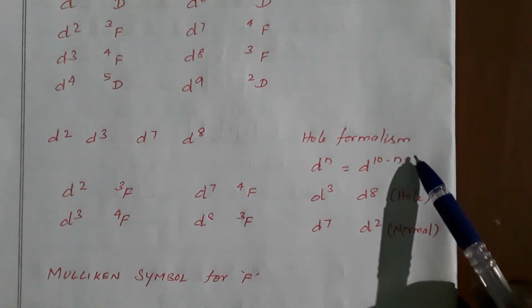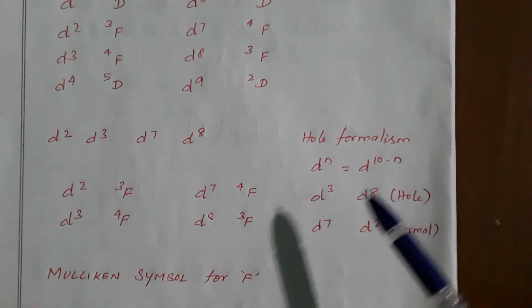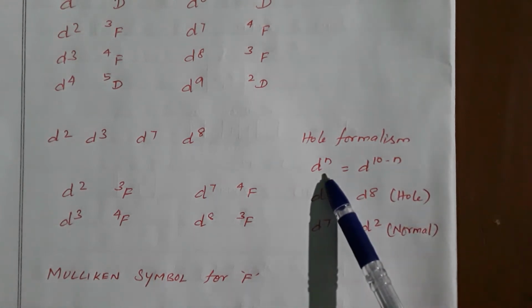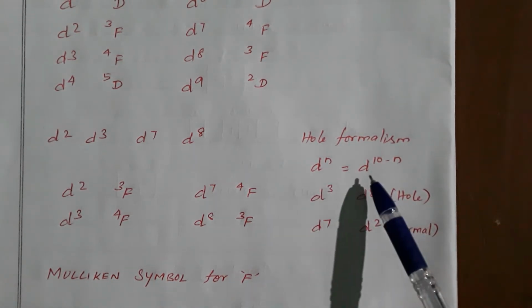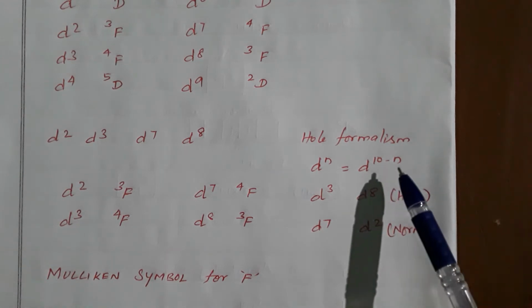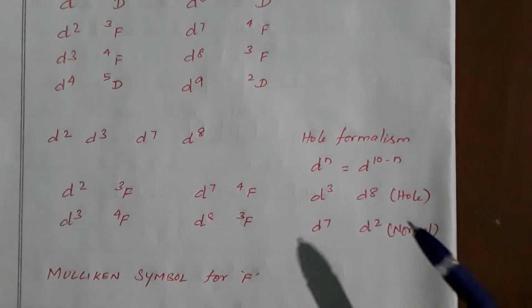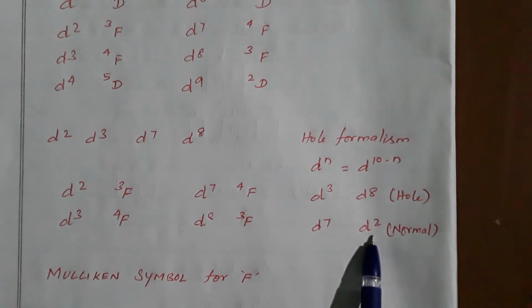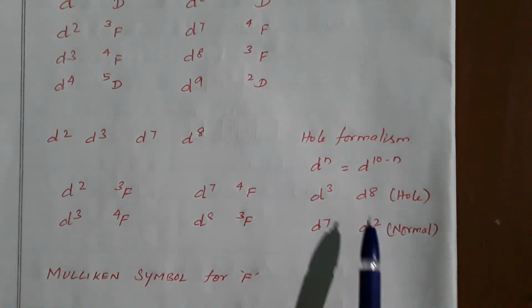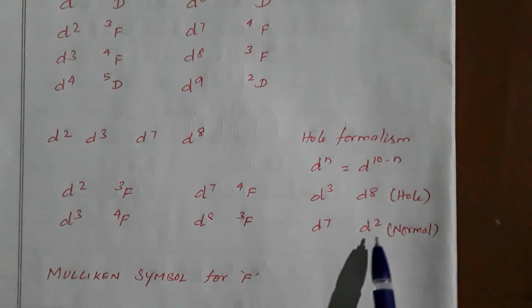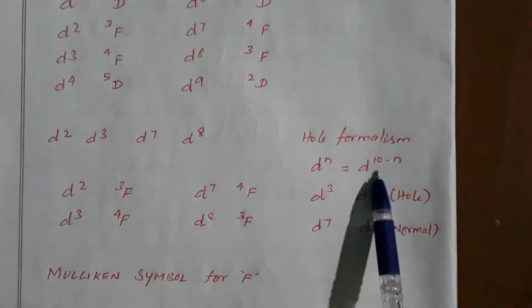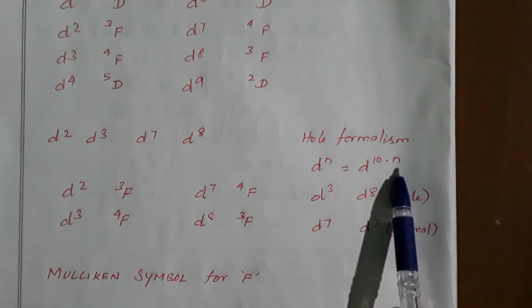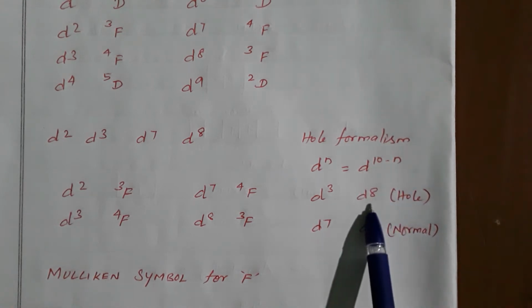This is called the whole formulation. Knowing that the Dn configuration is equal to the D of 10 minus n configuration, because both will be inverse. For example, if you take this D2 as a normal configuration, it is nothing but the whole formulation of D8, because 10 minus 2 gives D8.